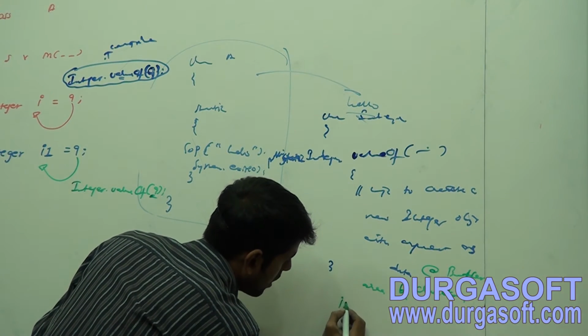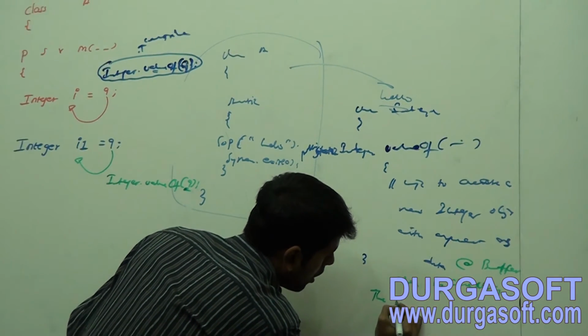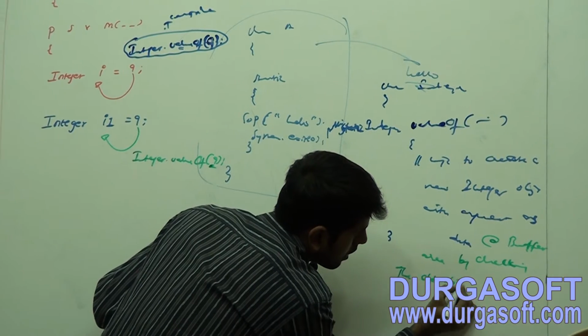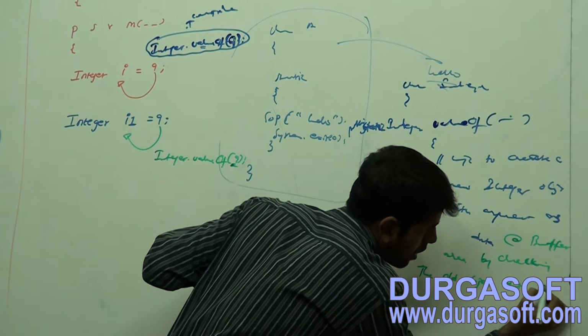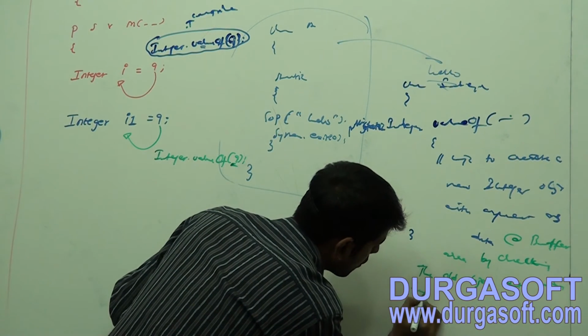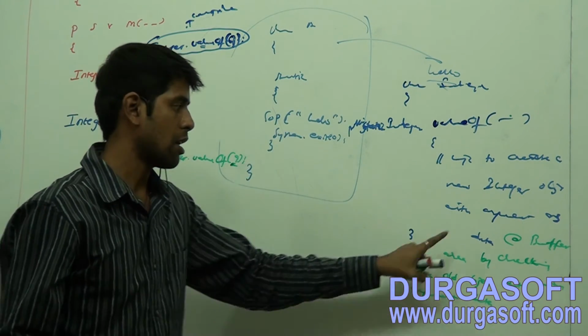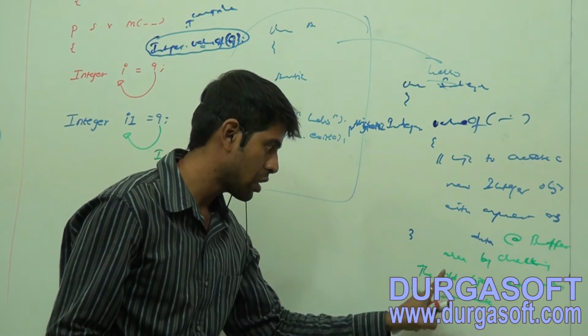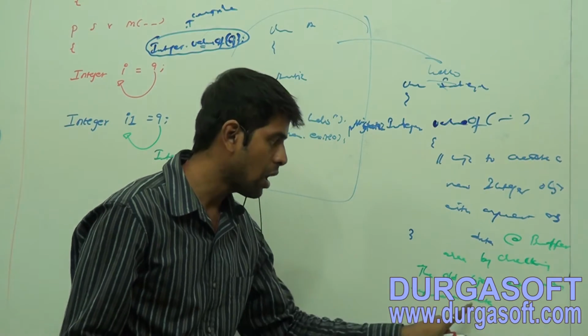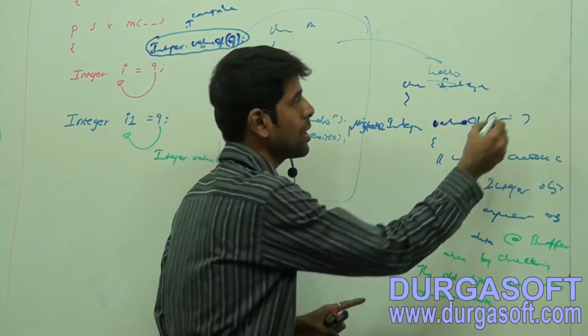Observe here, at the buffer area, by checking the old object data with the argument data. Here it will be 9.